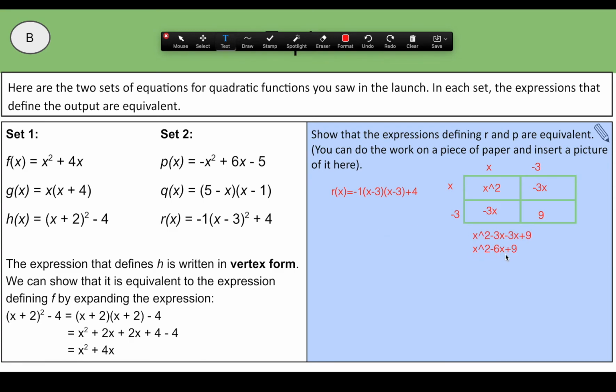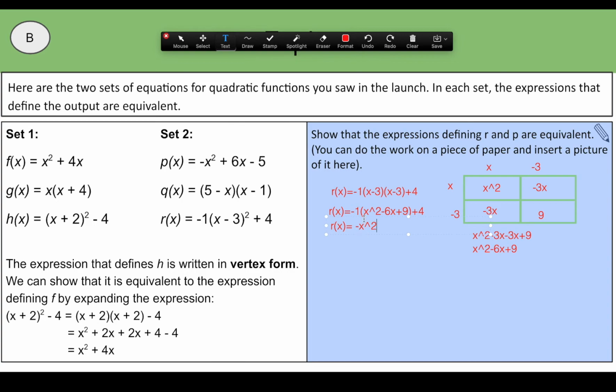So now I'm going to bring this over here, but we have this negative 1 out front. So that's where this one gets a little trickier. So r of x equals, I'm going to keep the negative 1 and I'm going to put this in parentheses, because that is the next step. With order of operations, I have to multiply this negative 1 as well by everything inside the parentheses. So r of x equals, well, we know negative 1 times x squared is just negative 1x squared, or negative x squared.